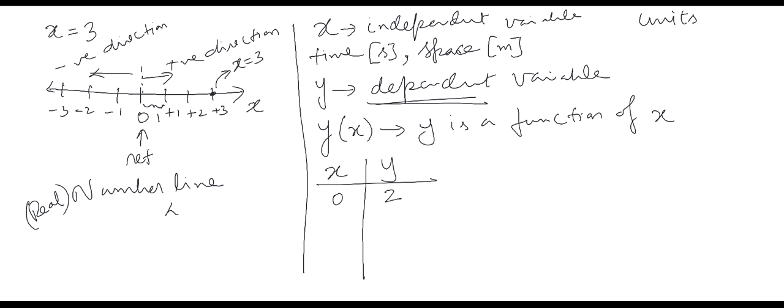Then when I go for a value 1, I measure or observe, and it comes to 5. When x goes to 2, y goes to 8. When x is 3, y goes to 11.